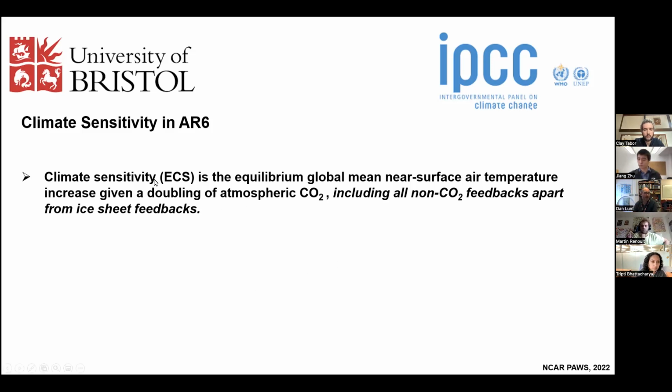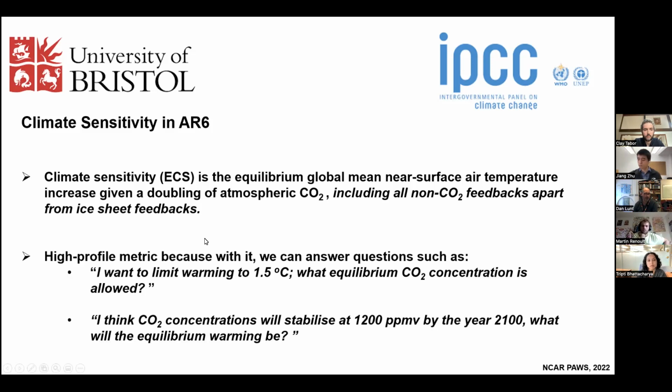definition. Just very briefly, I'm sure all of you know this, but climate sensitivity, ECS, is a key metric because it allows us to make a link between CO2 concentrations and temperature. So for example, if you have a key temperature target like 1.5 degrees warming, it tells you what equilibrium CO2 concentration is consistent with that.